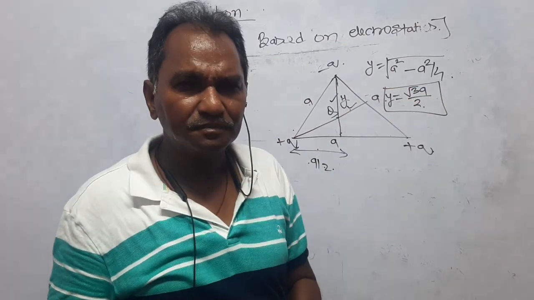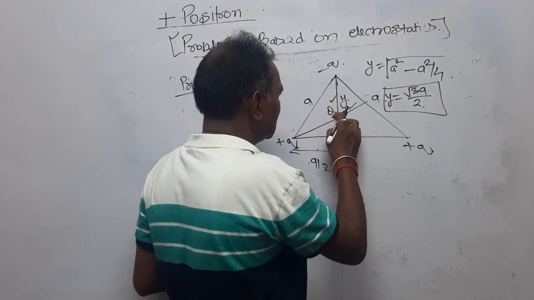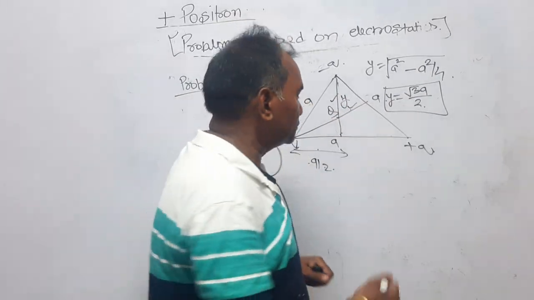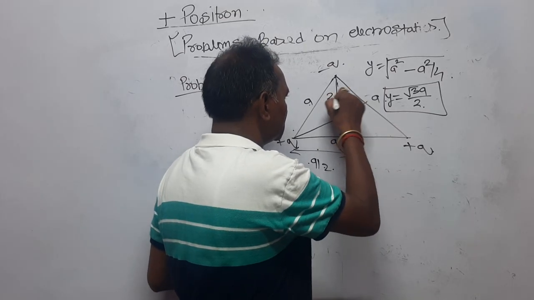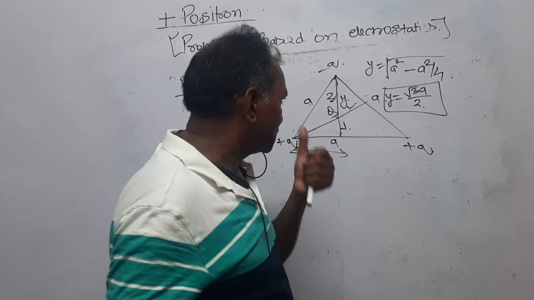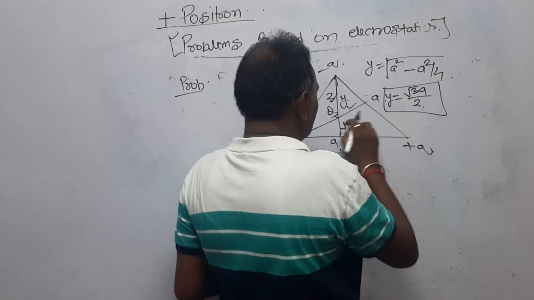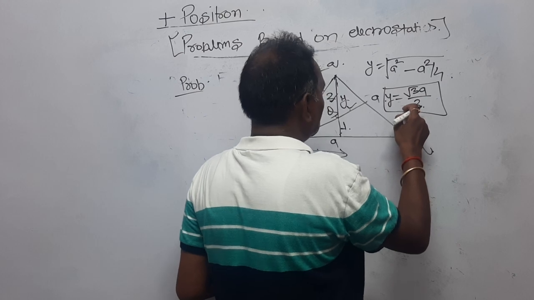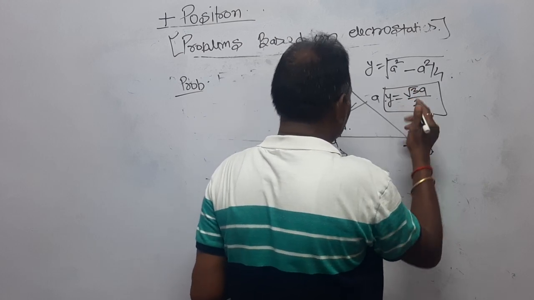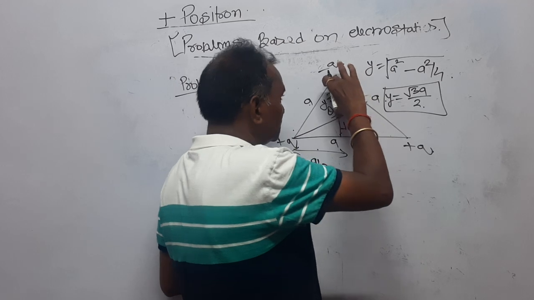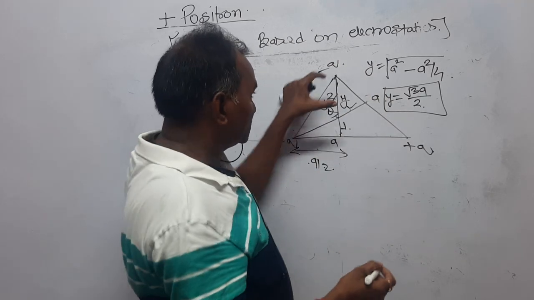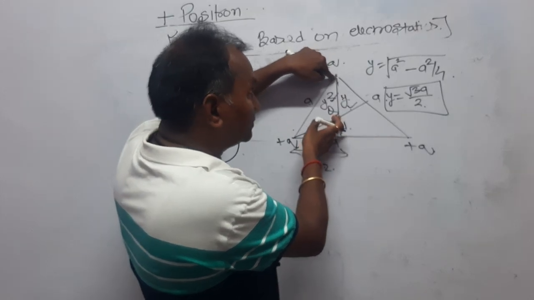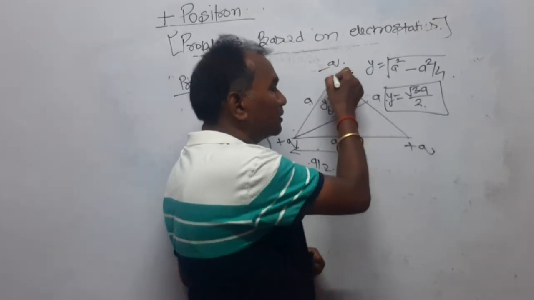Now dear student, the centroid divides the median in the ratio 1:2. The base side ratio is 1, and from the vertex, this is 2. So 1/3 is this and 2/3 is this. So 2/3 of that much. Let this distance be y1. y is this whole distance, and y1 is the distance of the centroid from the vertex.